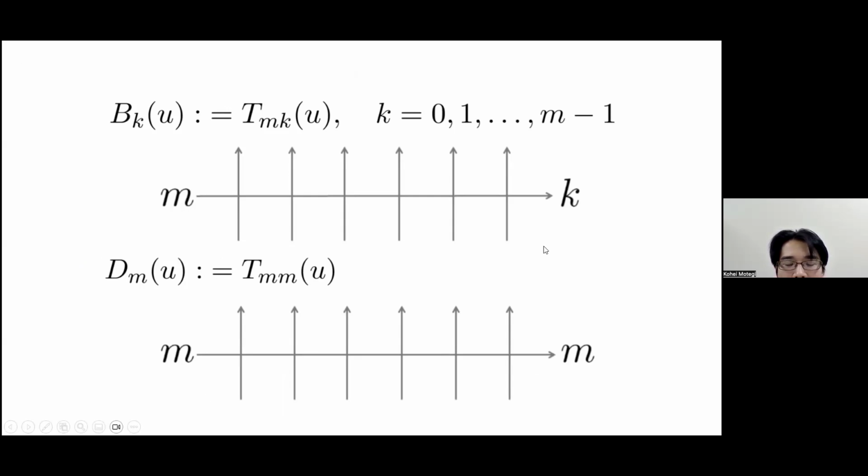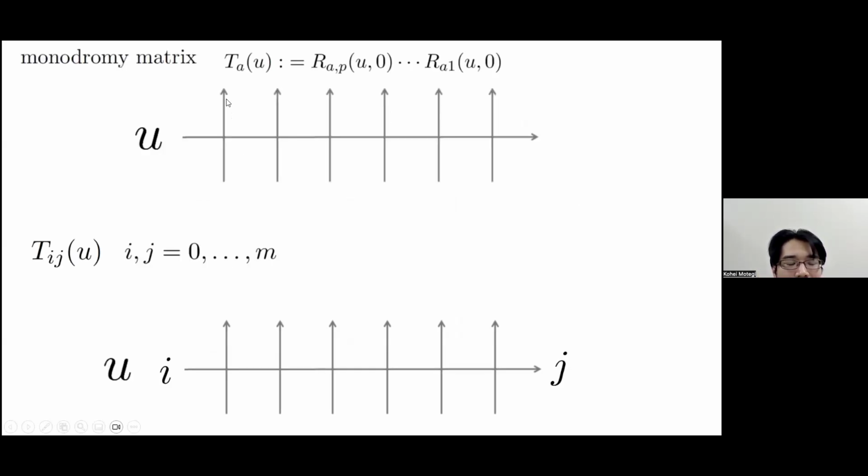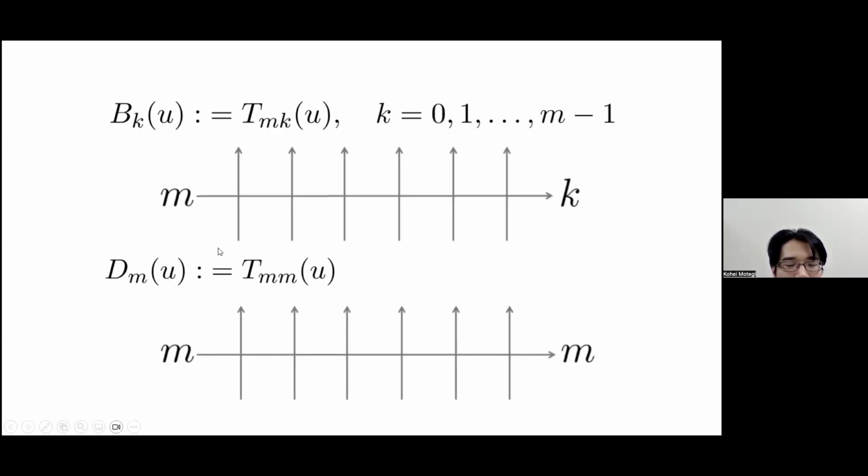So I use only m+1 elements of this monodromy matrix, and I denote this kind of thing as B_kμ, and if this right part is color m, I use D_mμ.